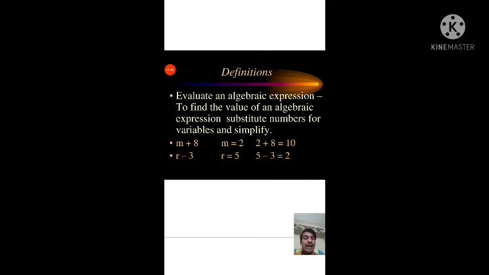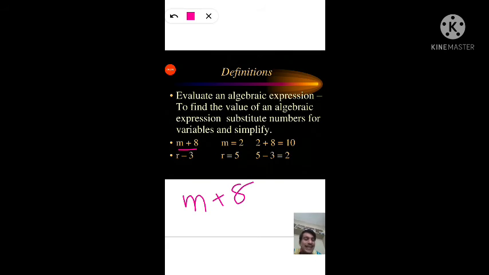How to evaluate an algebraic expression that is given to you? For example, if I take the first one, m plus 8, this is an expression. Why is it an expression? Because it has a variable quantity, a constant quantity and an operator.